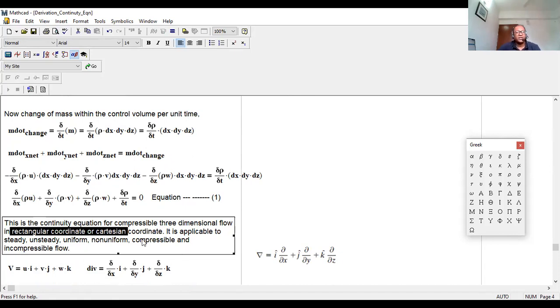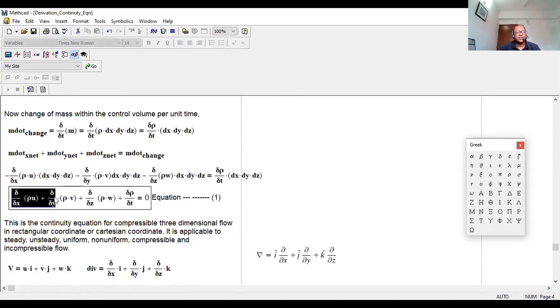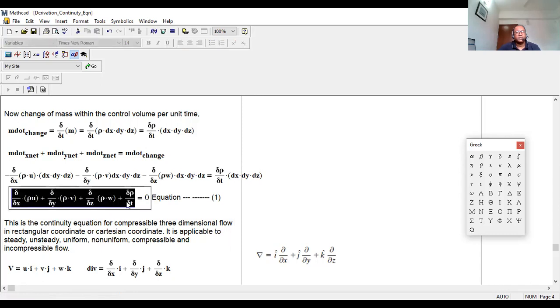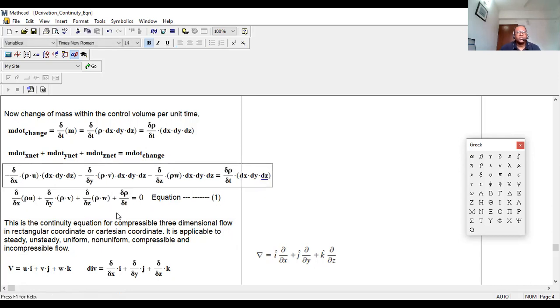And this equation you can apply for steady, unsteady, uniform, non-uniform, compressible, and also incompressible flow. If you say fluid density is constant, that means incompressible, so in that case this component will be 0.